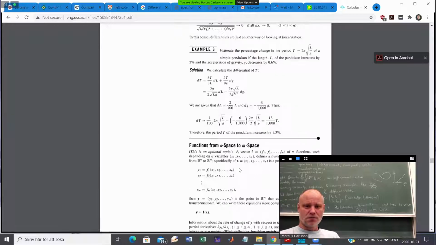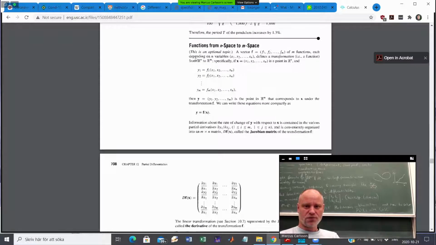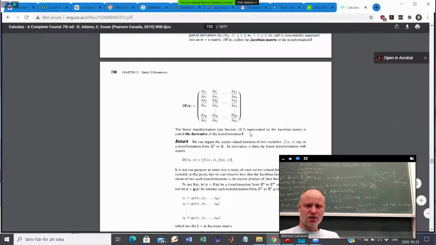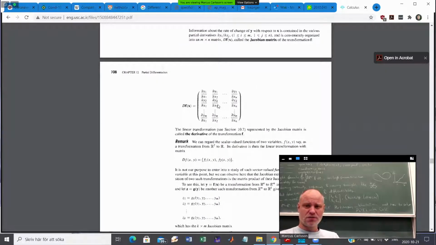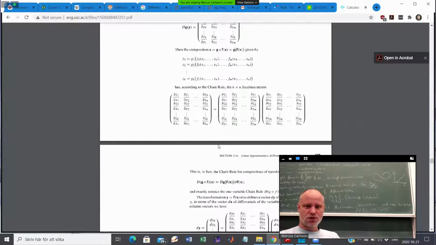Okay. So here comes, now if you have functions from n space to m space, the most general version of the chain rule, then the derivative is this Jacobian matrix. And the chain rule in terms of these Jacobi matrices looks like this.